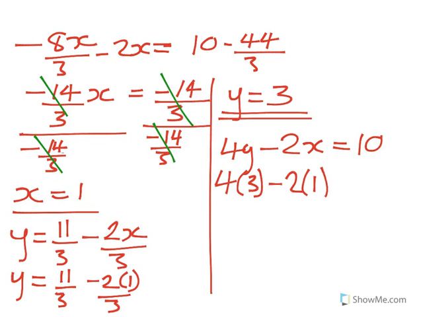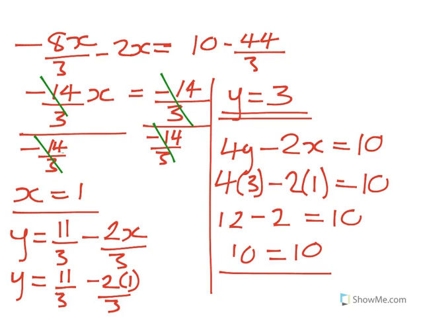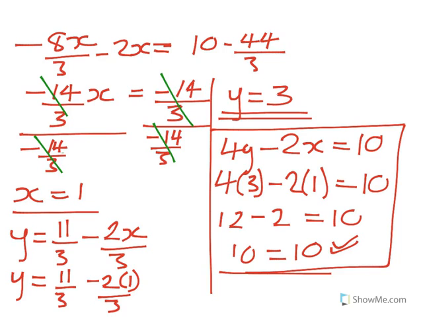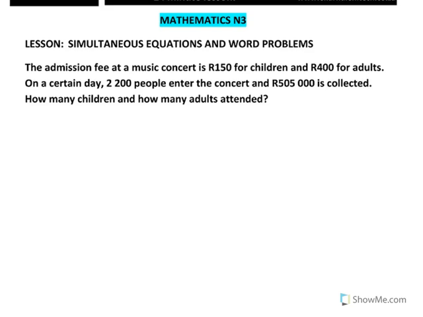Minus 2, x is 1, is equal to 10. Now this is 12 minus 2 is equal to 10, and 10 is equal to 10, meaning this solution is correct. Remember, this is not part of your working part. You are trying to check that your answers are correct, in this case that x is equal to 1 and y is equal to 3.